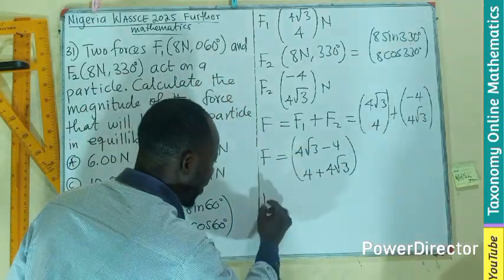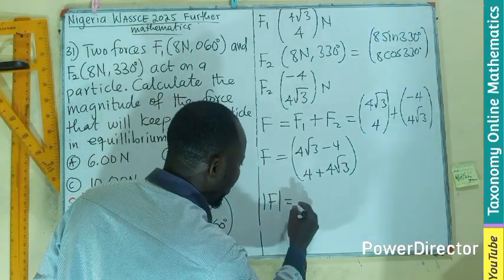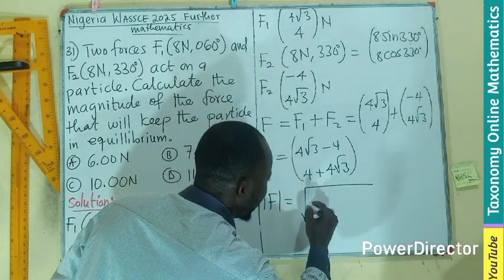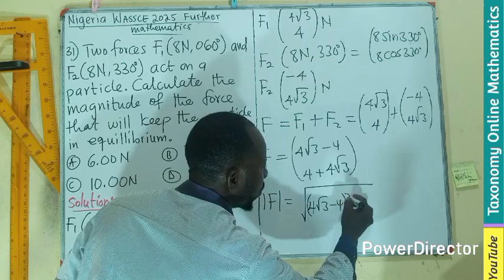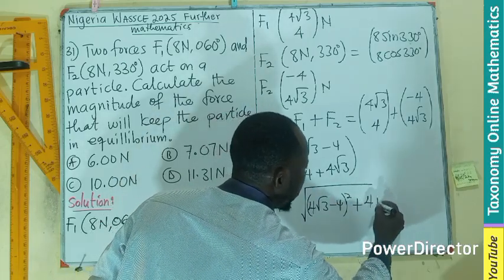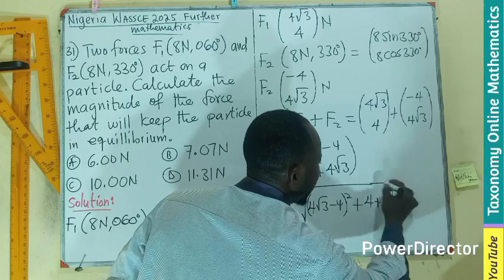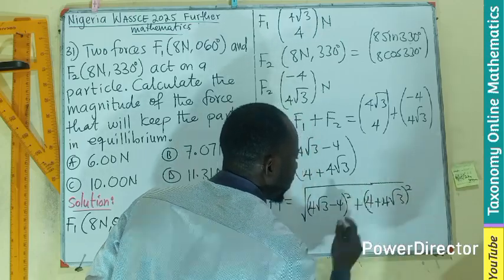Now, since we are looking for the magnitude, that will be the root of the x component, which is 4 root 3 minus 4, all squared, plus 4 root 3, all squared.